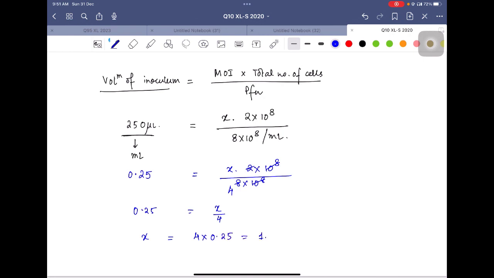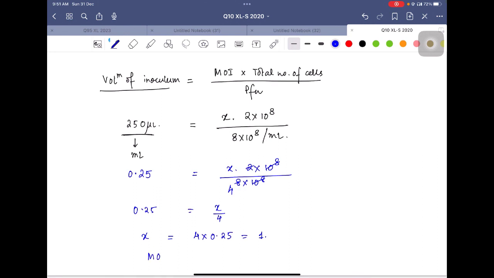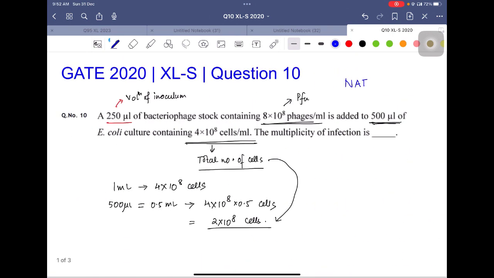So we calculate our MOI as 1, and that is our answer. The multiplicity of infection is 1. All right, and that's it. Thank you.